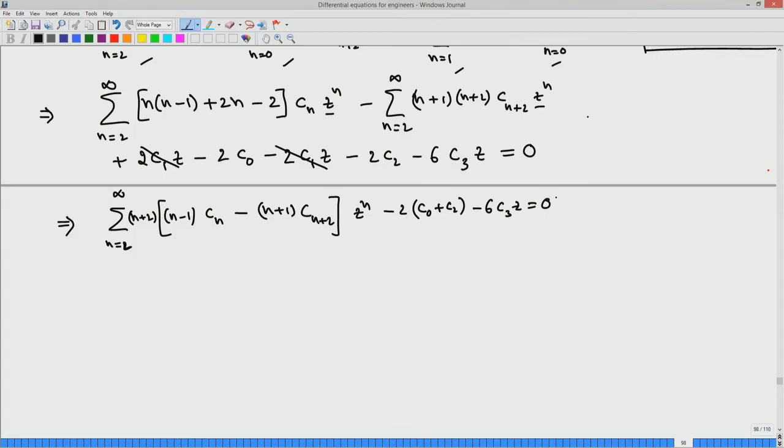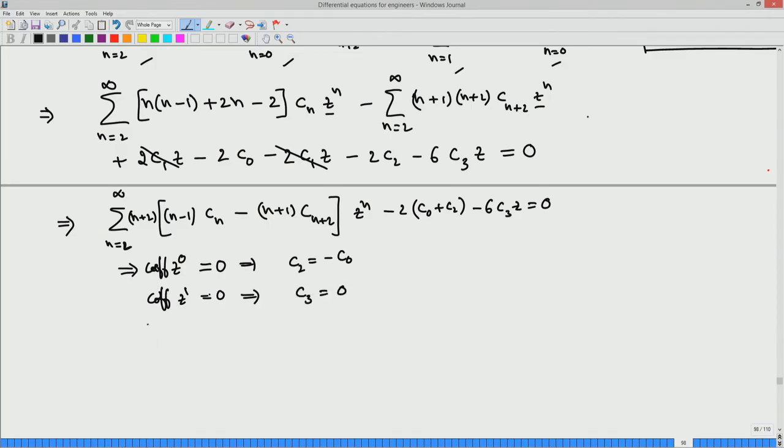So, you can make the coefficients of z power 0, z power 1, and all other terms from n equal to 2 to infinity equal to 0. So, the coefficient of z power 0 gives C 2 equal to minus C 0, and this will give me C 3 as 0.